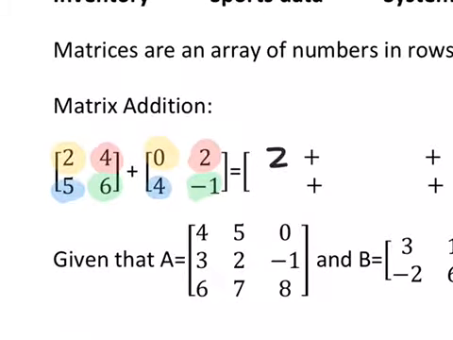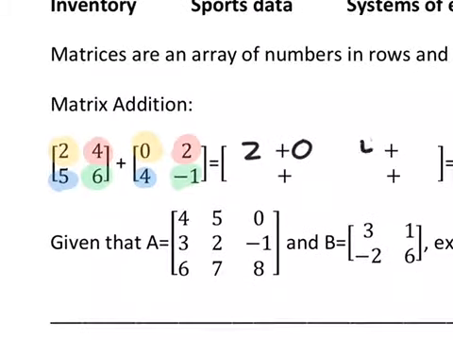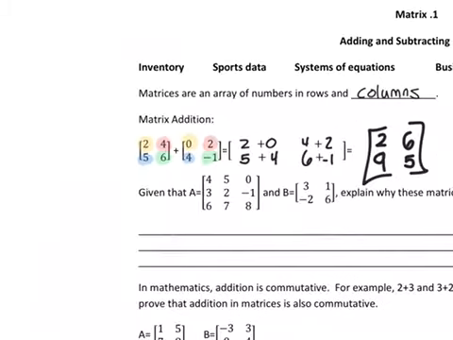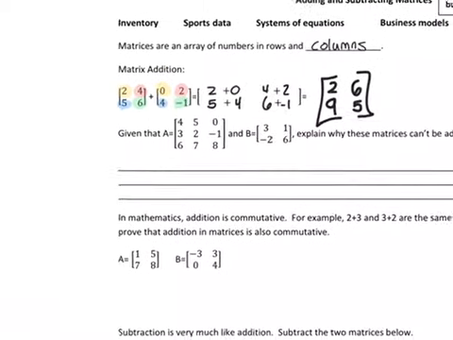So we've got top left plus the other top left, top right plus the other top right, bottom left plus the other bottom left, bottom right plus the other bottom right. For a final answer here, 2, 6, 9, and 5. So those are the two matrices added together. It's exactly what you would expect, right?